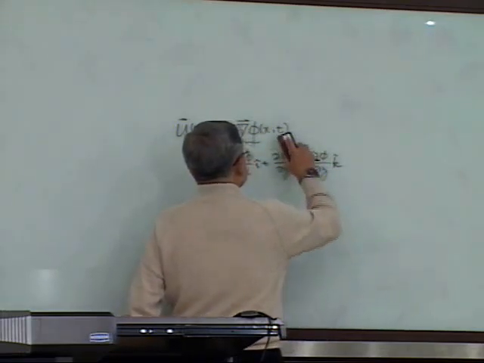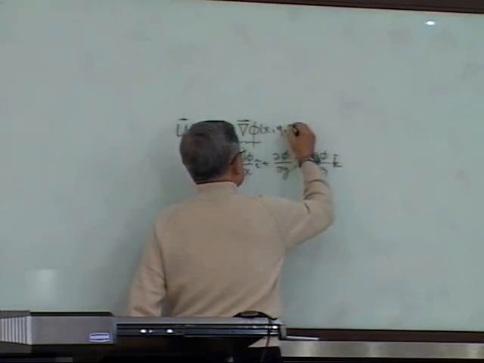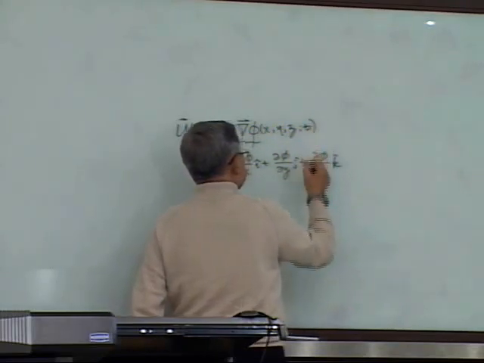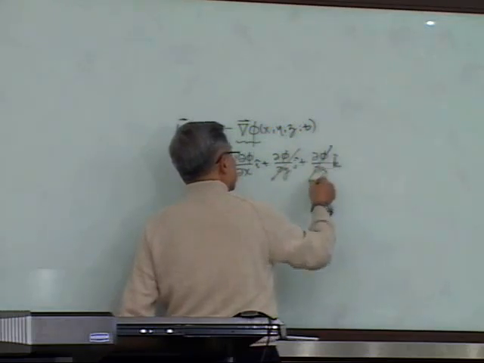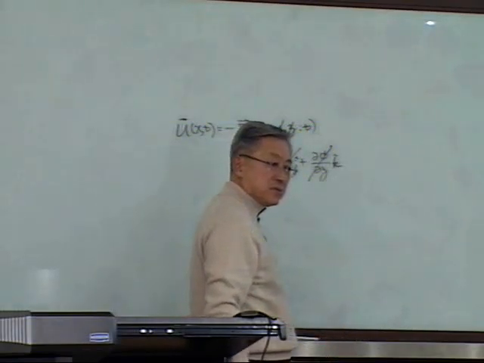I should say this is in general x, y, and z. And the y and z terms are all equal to 0 because it's one-directional motion, right?